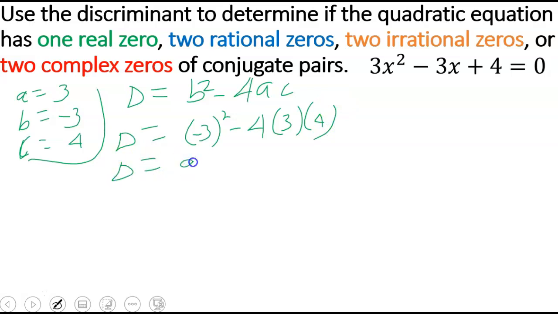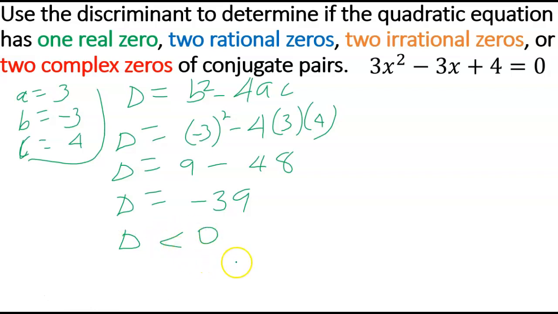That's 9 minus 4 times 3 times 4, which is 48. So 9 minus 48 is negative 39. So the discriminant is less than 0.